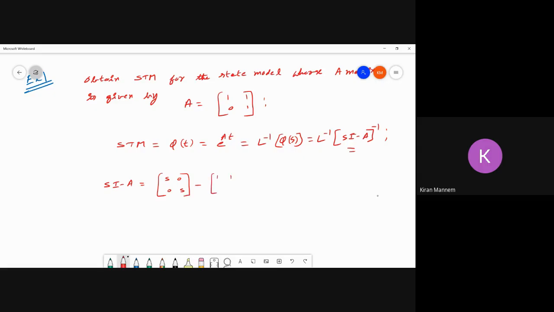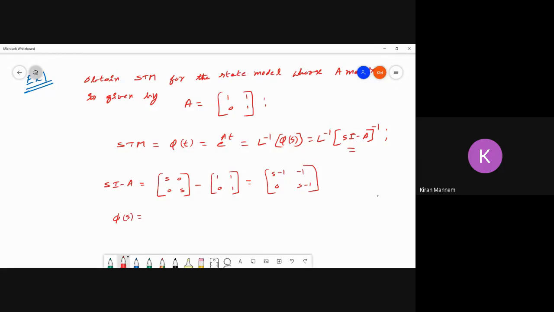This is your sI minus A, where A would be [1, 1; 1, 0], and this is equal to [s minus 1, minus 1; 0, s minus 1], right? So what is Φ(s)?